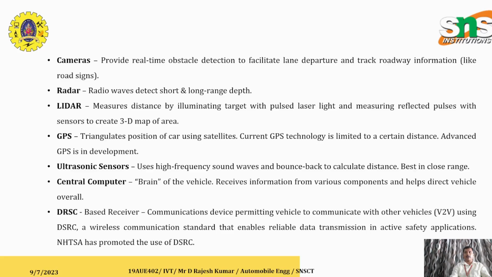For example, if the speed limit is 80 in this particular lane, that is information given to the ECU by means of the camera.